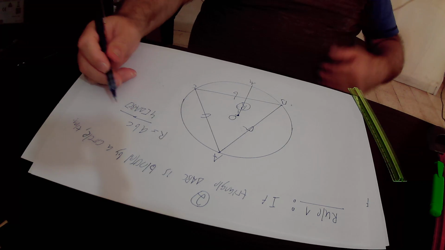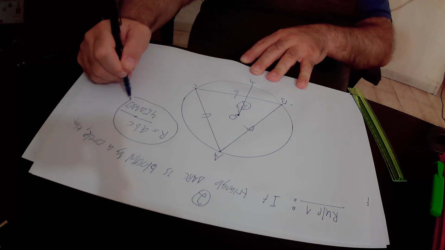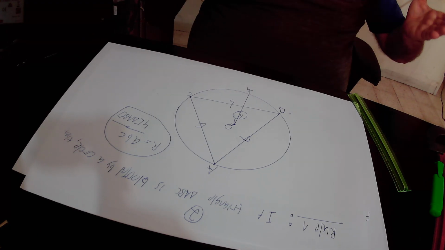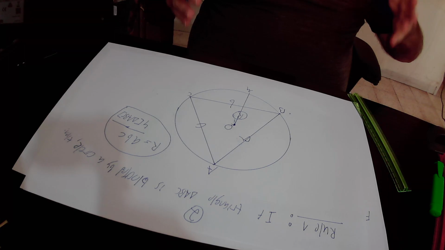And because triangle ABC could be any triangle, this rule is true for any triangle that is blocked by a circle.